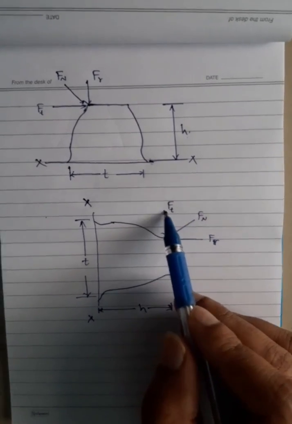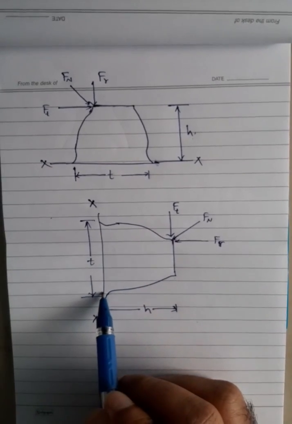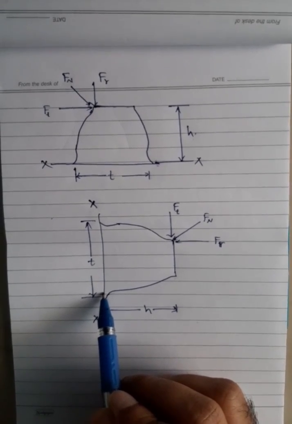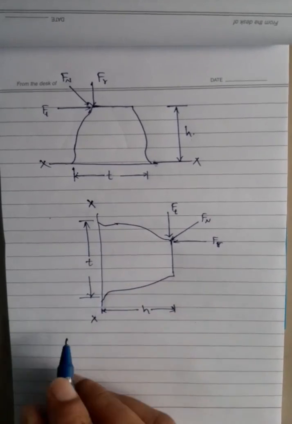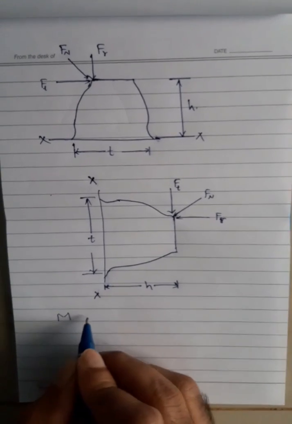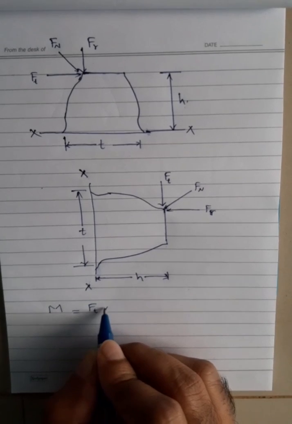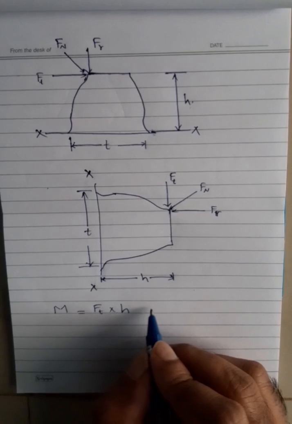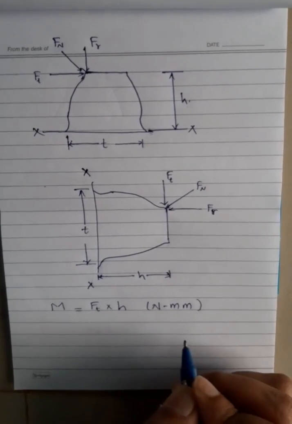Because of the tangential load, the maximum bending stress induced is at the root of the tooth, and hence let us take the bending moment at section XX as M, where M is equal to Ft into h, that is force into distance. So this can be taken in Newton millimeter.